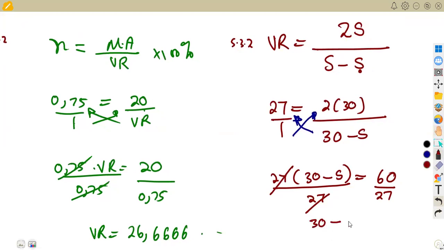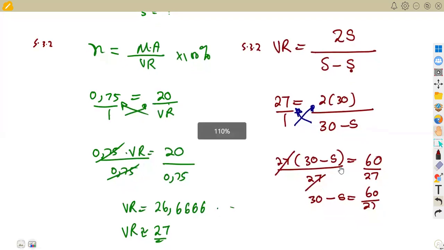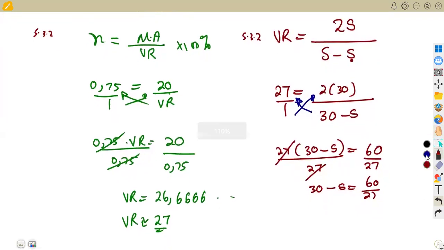30 minus S is equal to 60 over 27. So instead of us working with decimals and rounding off, we're going to have a lot of rounded off values. Just transpose the 60 over 27 this side, transpose S that side, it becomes a positive. So 30, if we transpose this, it becomes a negative, that's negative 60 over 27 is equal to S this side, it becomes a positive.